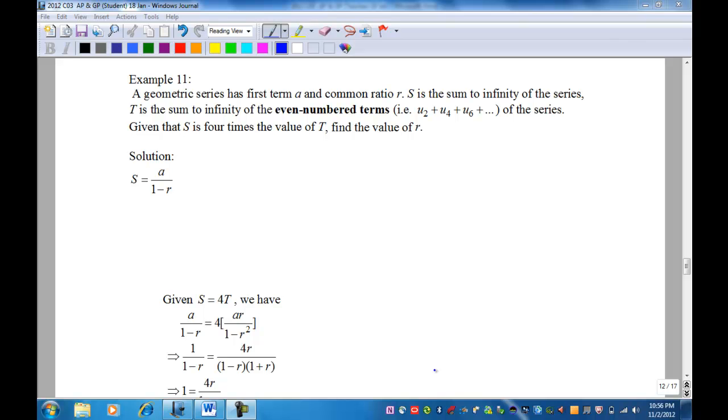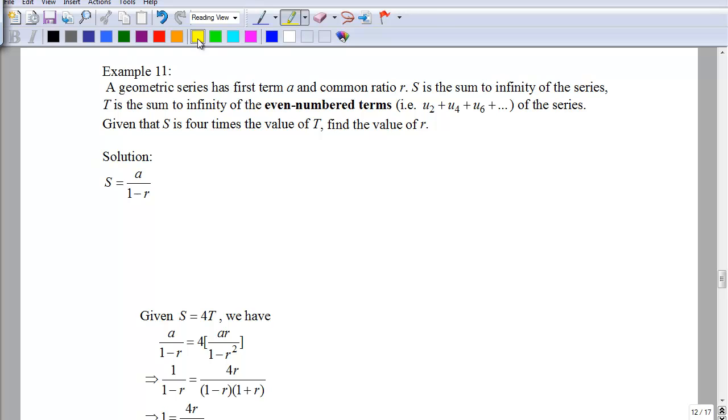In example 11, an understanding of the term even-numbered terms is critical. What are even-numbered terms? Even-numbered terms are terms in a series that have even positions, meaning the second term, the fourth term, the sixth term, and the eighth term.